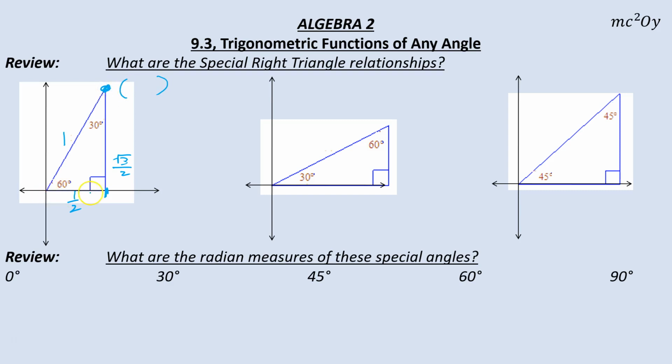That coordinate has an x value of 1/2, and a y value of root 3 over 2. We can throw in those same things over here. This is 1, which is going to make our shorter side in a 30, 60, 90 triangle 1/2, and then root 3 over 2. So we'd end up with a coordinate root 3 over 2, 1/2.